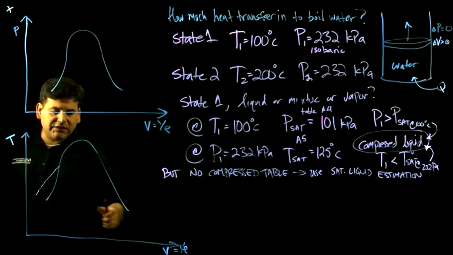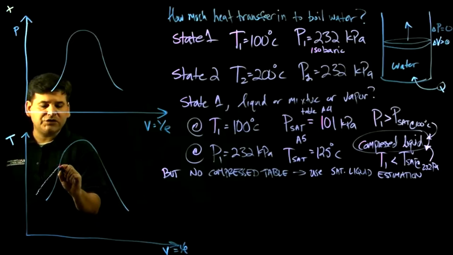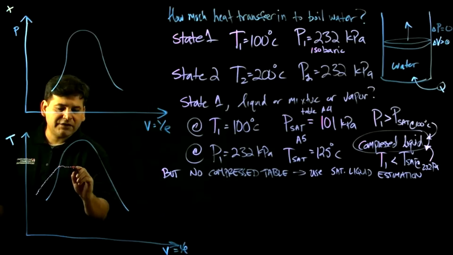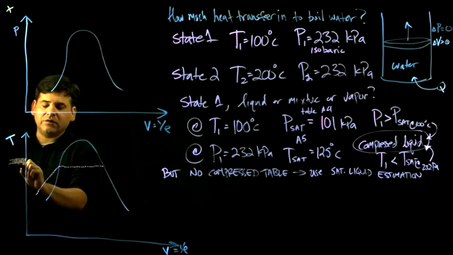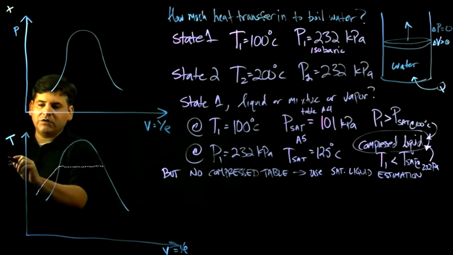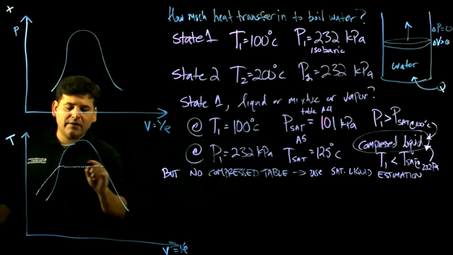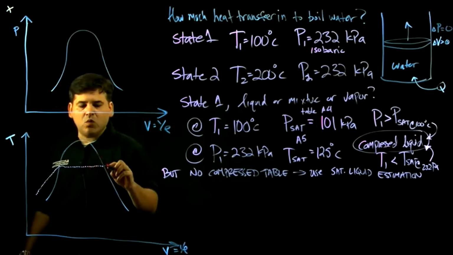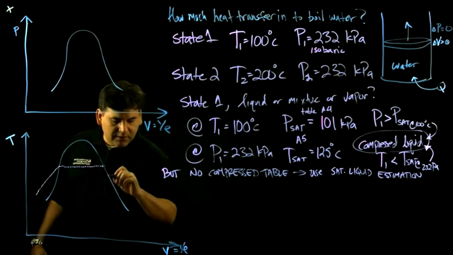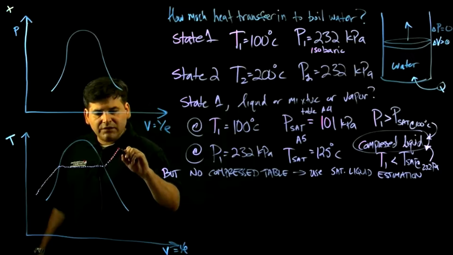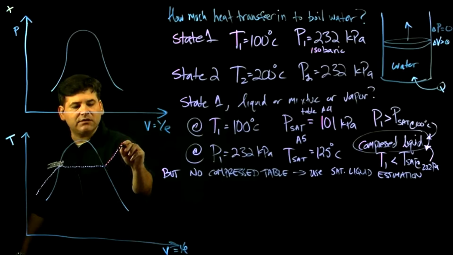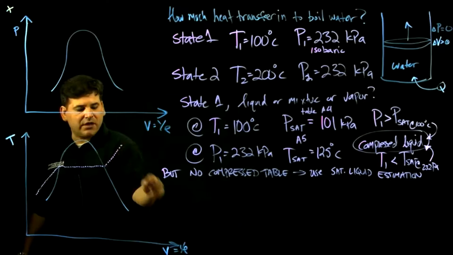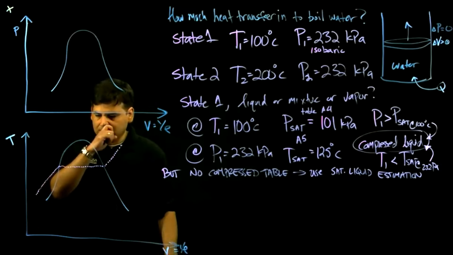And then when you undergo the phase change, both the pressure and temperature stay flat. During the saturated region of phase change, you have both the temperature flat and the pressure flat. But once you go into the superheated vapor region, to keep the pressure constant, you would have to increase the temperature and increase the specific volume.